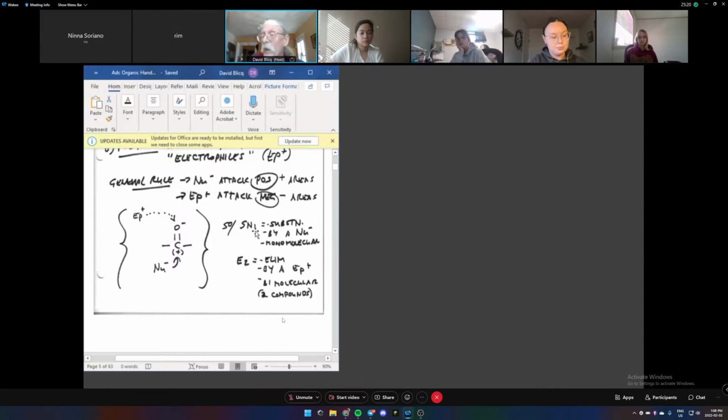So SN1 is shorthand for substitution with a nucleophile, something negative coming in, and it's monomolecular. So it probably went through that carbocation. E2 is an elimination by an electrophile, but it was bimolecular. Two charged distinct entities were involved.